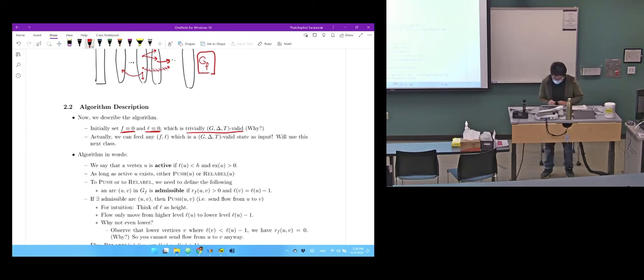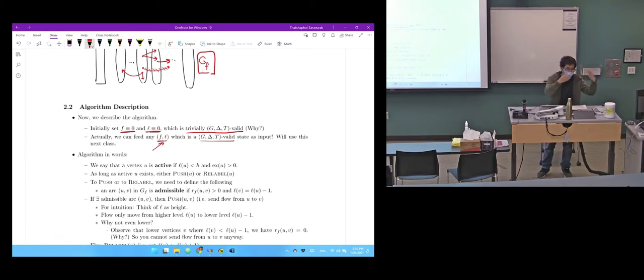But actually, the algorithm will work even if you don't start with the 0 flow and level. You can actually feed F and L, which is valid, as an input. And at the end, it will return a valid solution.